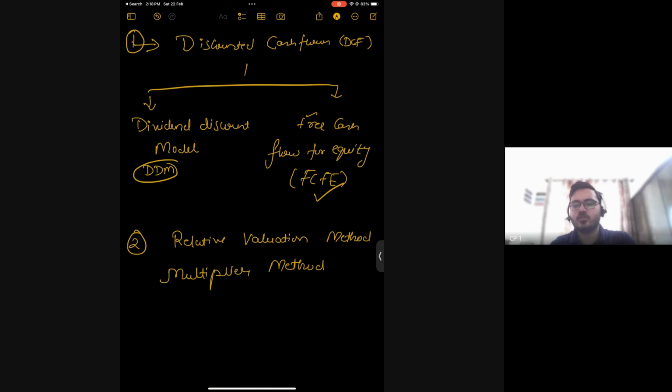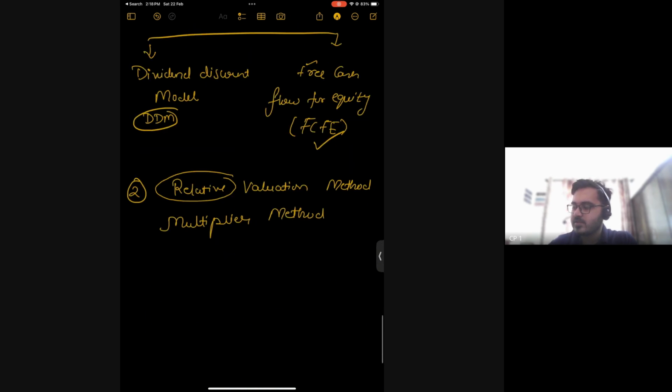Within the multiplier method, the name relative valuation might give you a little more idea. What you do is look at similar companies. For similar companies, you try to see what value they are trading at, and you adjust for the scale and multiply in order to come to your number.